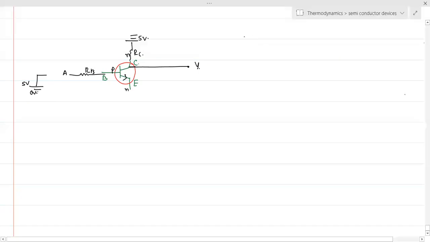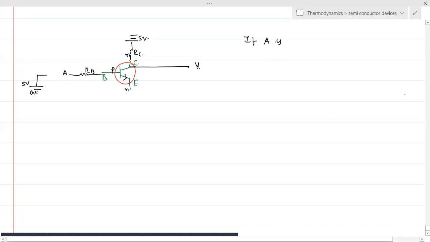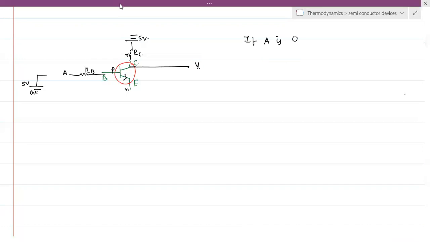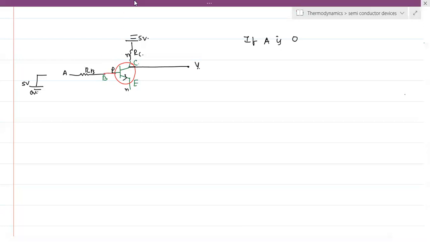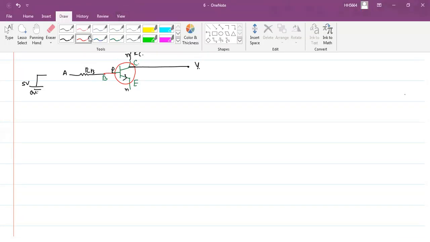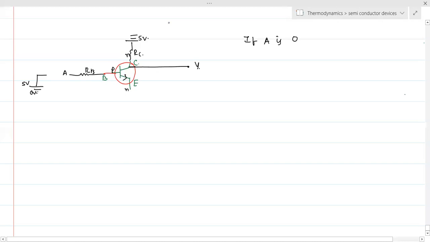For example, if A is given as 0, clearly it is visible to us that you are giving 0 volts to the positive side. So the input is not forward bias, meaning the base emitter junction is not forward bias.